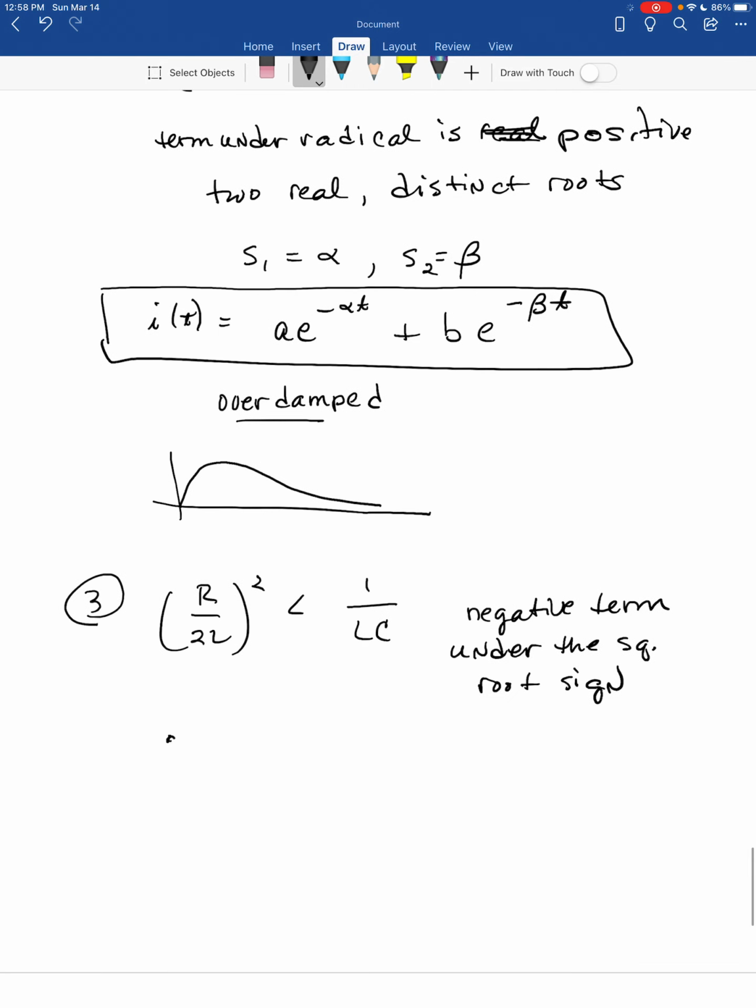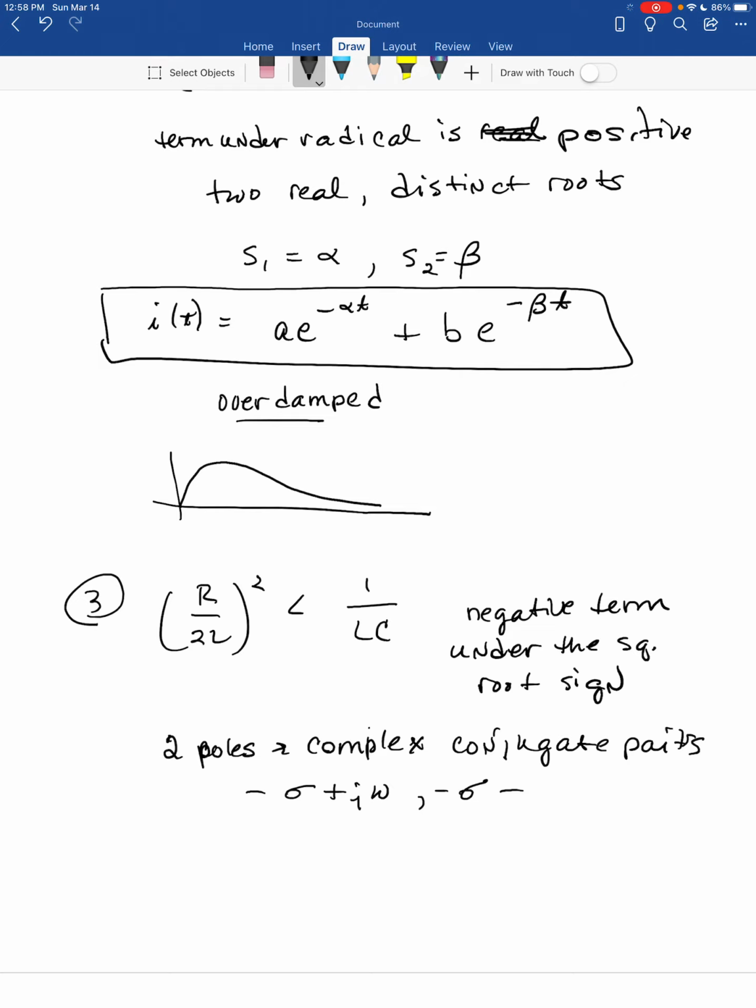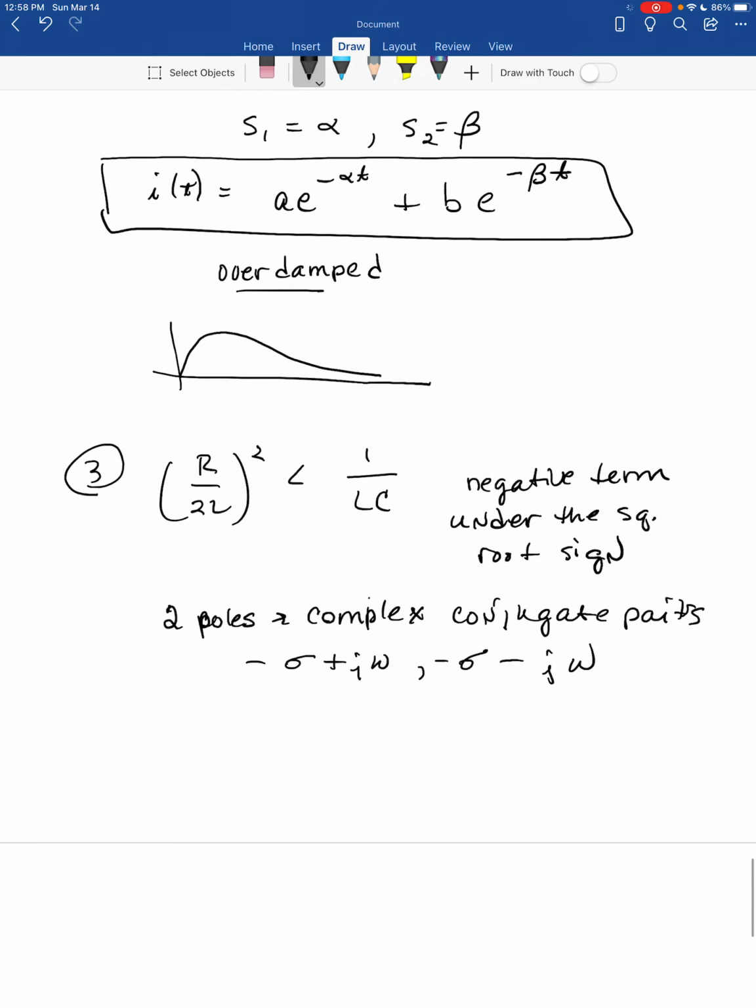That would mean that you would have two poles, and they would be complex conjugate pairs: some sigma plus j omega and sigma minus j omega.